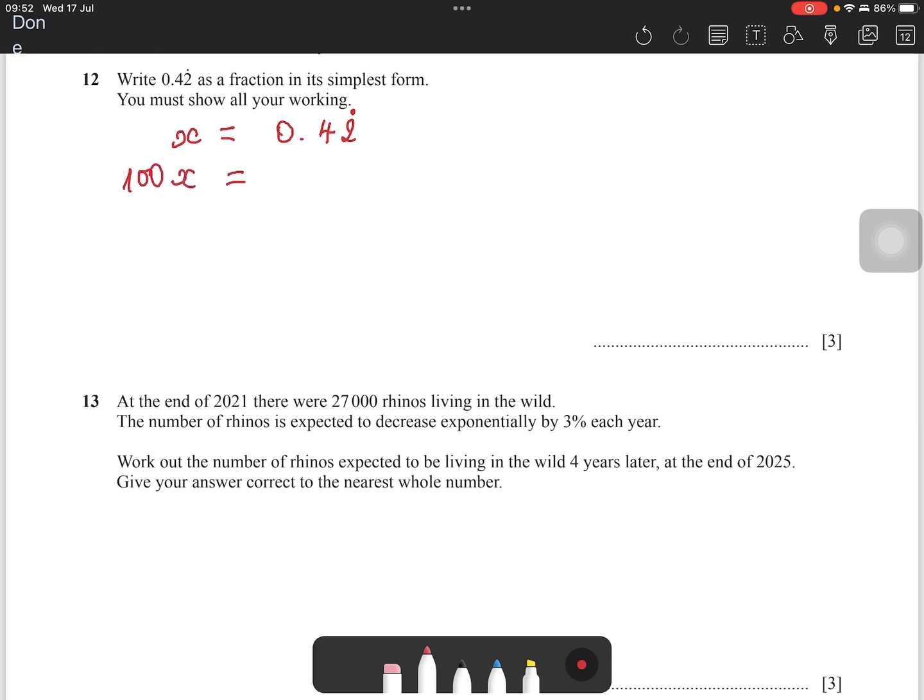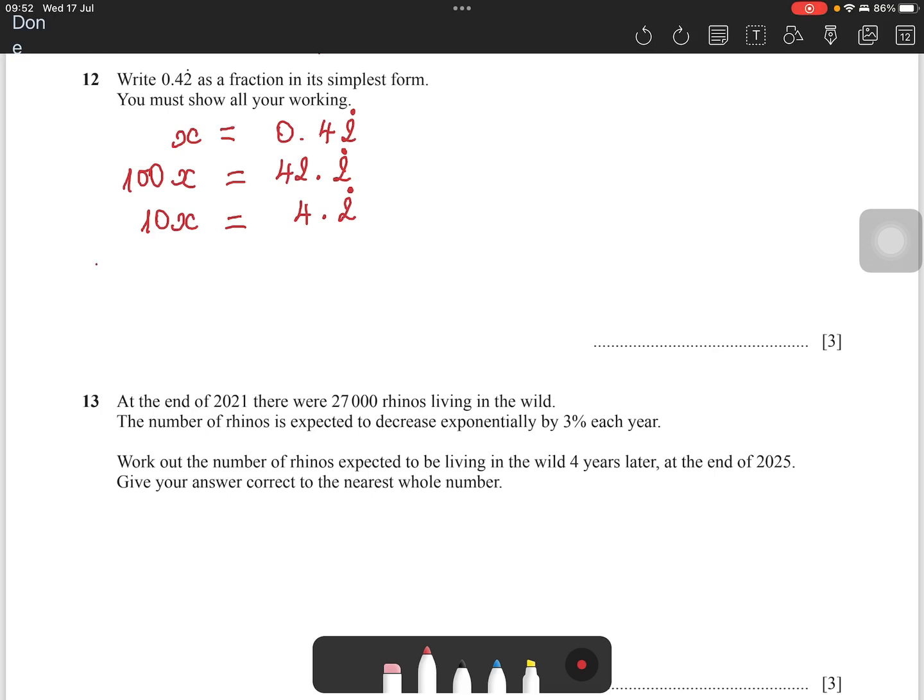So 100 multiplied by 0.42 recurring is 42.2 recurring. Then we also find 10x. We multiply 0.42 recurring by 10, so it is 4.2 recurring.